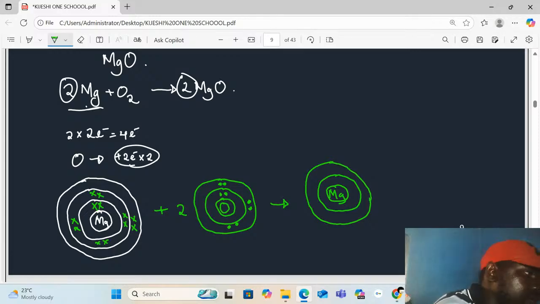Then if we give the number of electrons, it will be a pair, then 4 pairs in the remaining outer energy level. And now we award it a 2 plus.